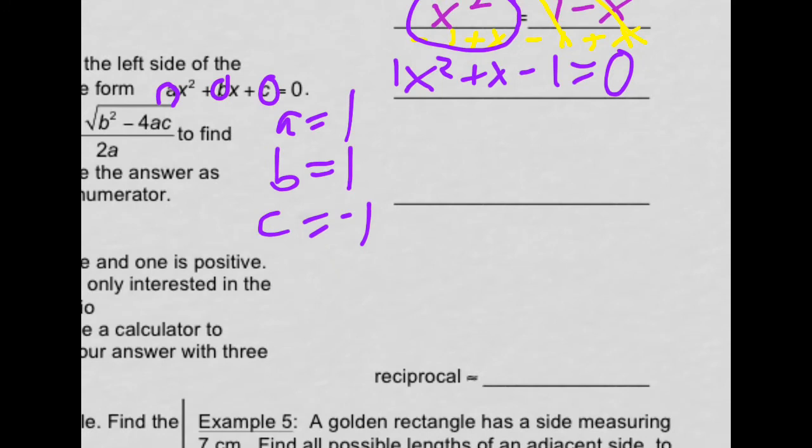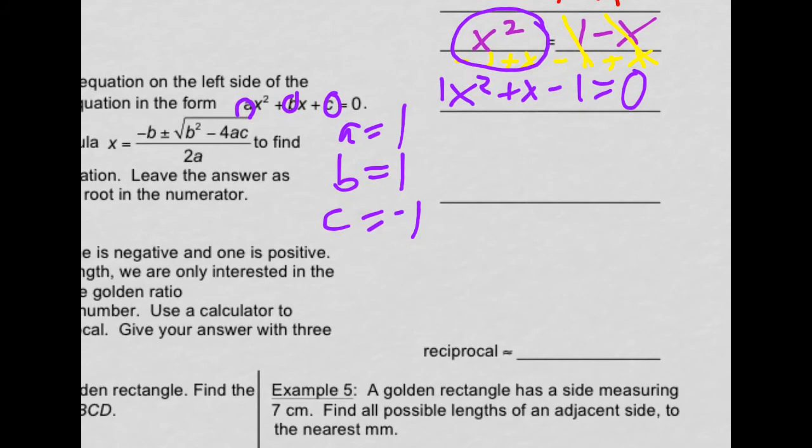And then we're going to plug all this into our quadratic formula. So let's see, we've got negative b, which is negative 1, plus or minus the square root of b squared, well, 1 squared, minus 4ac. 4 times a is 1, so 4 times 1 is 4, times a negative 1 is negative 4.